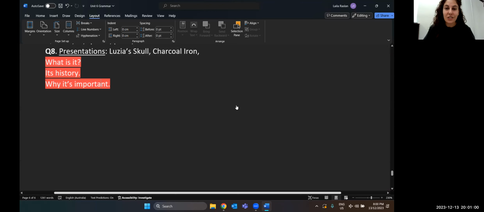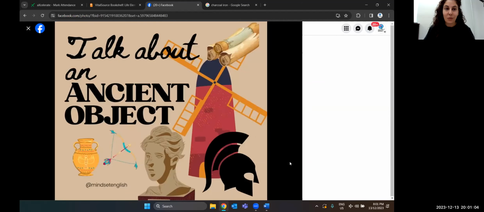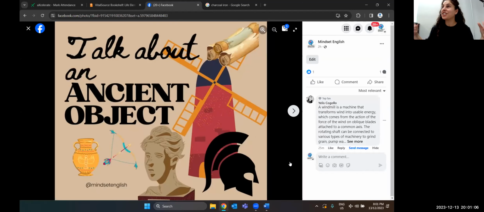We are going to talk about an ancient object. Maybe the old windmill, maybe the medieval armour that they used before they went to fight in war. They used to wear all these shields and stuff. Maybe a statue, that's an old object made a long time ago.